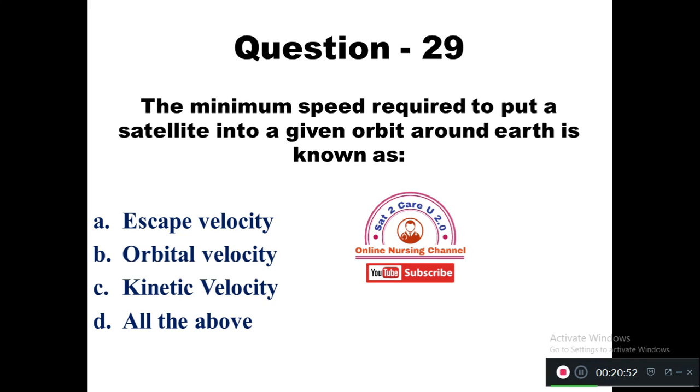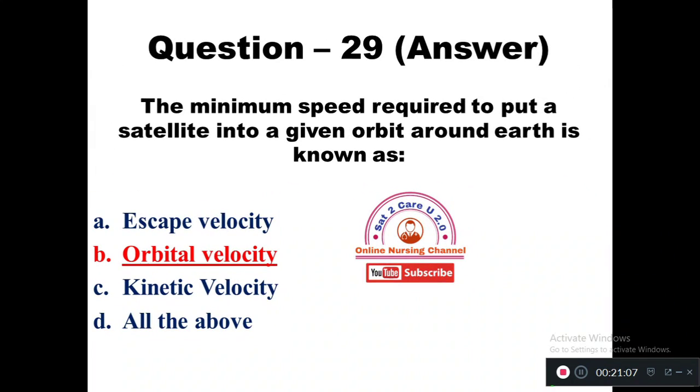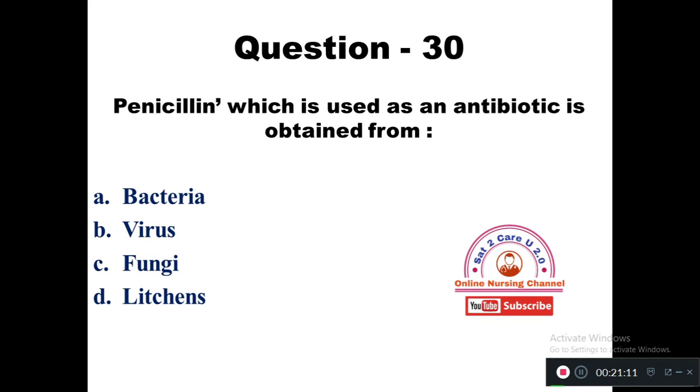When we launch a satellite, the velocity needed to make the satellite go around the orbit of the Earth is called orbital velocity. In the question itself, you get the answer. Option B, orbital velocity.